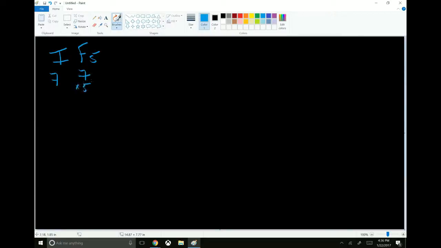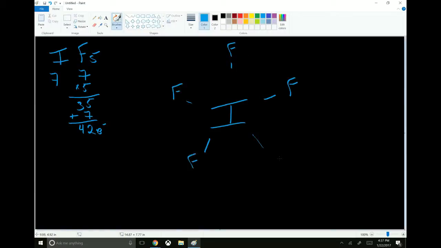There are 5 of them for a total of 35, plus 7 is 42 electrons. Iodine is right there in the middle. Let's surround it with our fluorine. That uses up 10 of our electrons, leaving us with 32.